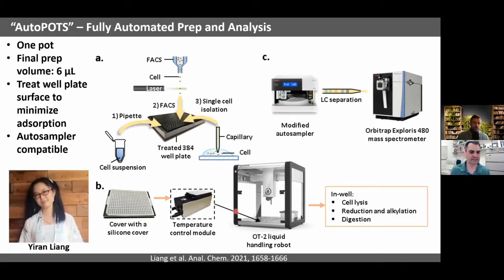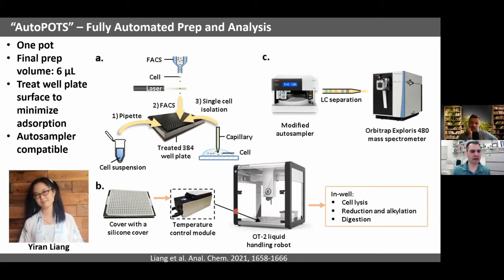So not everybody has a custom-built nanopipetting robot or the ability to make these nano wells. So we have more recently said, well, if we relax our volume requirements just enough to where we can use commercially available liquid handling robots, and if we pre-treat our conventional 384 well plates, would that be possible to still have most of the benefits of nanopots?